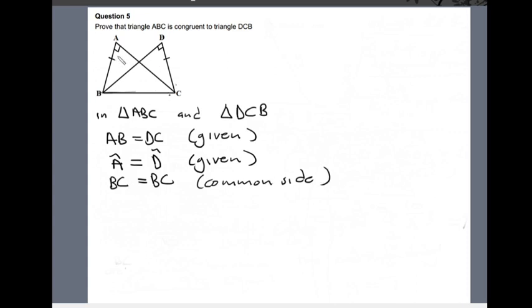We have a right angle, we have a hypotenuse, we have a side. So we conclude that triangle ABC is congruent to triangle DCB. Reason: there's a right angle, there's a hypotenuse, and there's a side, and this is how you prove it, right?